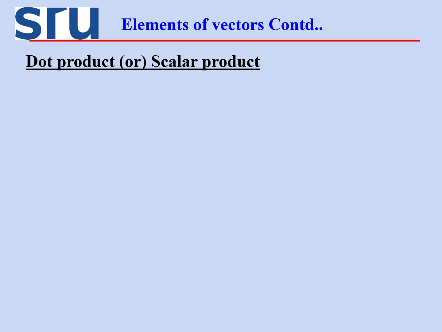Now coming to the dot product, the scalar product or dot product of two vectors. For example, consider two vectors, vector A and vector B. So the dot product between the two vectors is defined as A dot B equals mod A mod B cos theta.